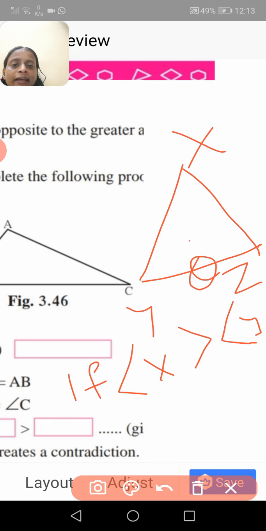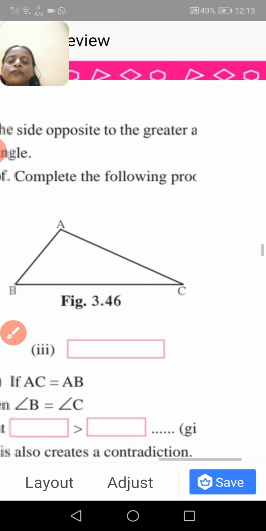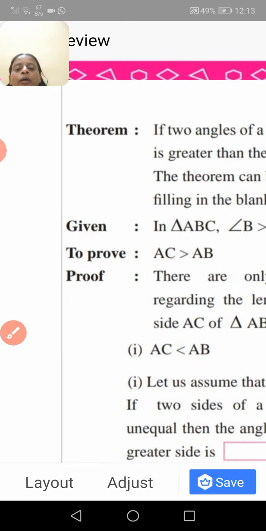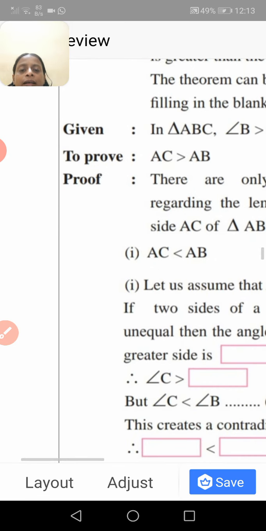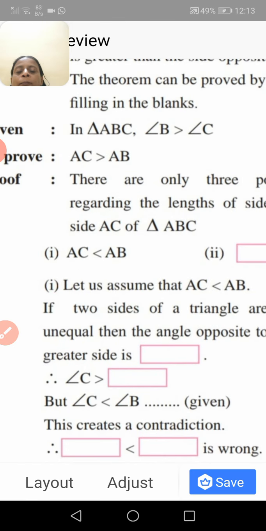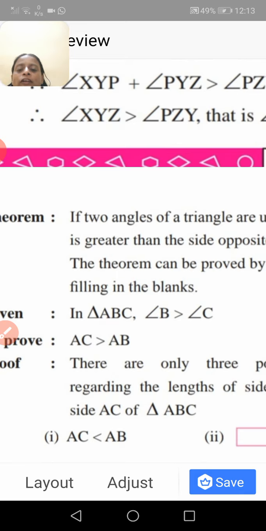That is XZ. Okay? That is, if X is greater than Y, then YZ is greater than XZ. Such theorems are very useful for doing the problems also. This you can do by yourself if you have understood the first theorem.